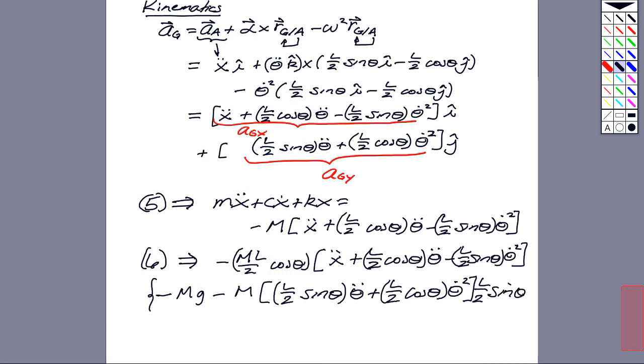And that on the right hand side is equal to the 1/12 m L squared theta double dot.